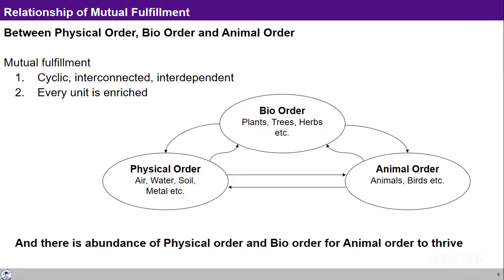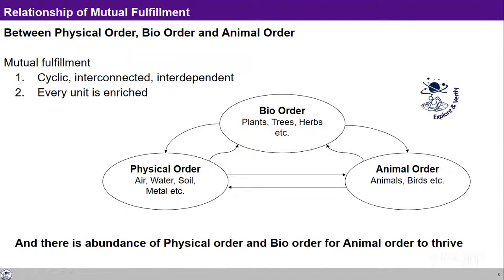And also, we can see that there is abundance of physical order and bio order for the animal order to thrive. If we look at nature very closely, we can see that there is abundance of physical order and bio order for the animal order to thrive. What do you think about this?